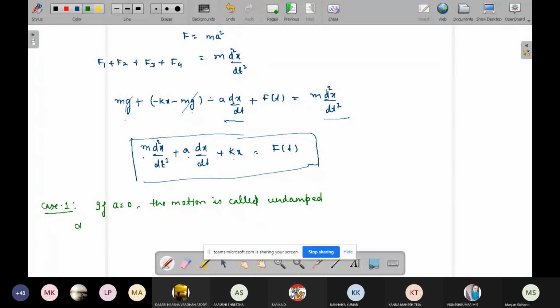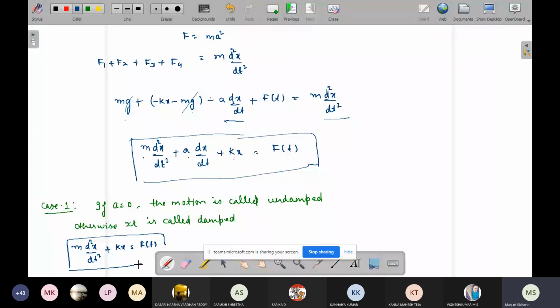Otherwise, it is called damped. So a equals 0 means you have the differential equation m d2x over dt square plus kx is equals to f(t), right? So this is your differential equation. Because a is 0, this term will be 0.